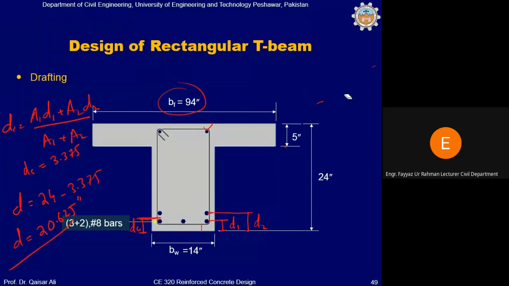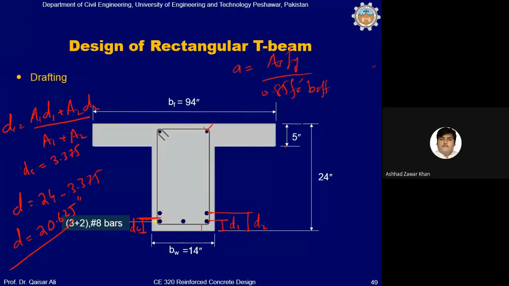So depth of the compression block will be equal to AS Fy divided by 0.85 FC prime, और यहाँ पर हम B50 होगी या BW? सर BW। Why BW यार? यहाँ पर B effective होगी, Yes sir, B effective. Sorry sir, because flange is in compression.